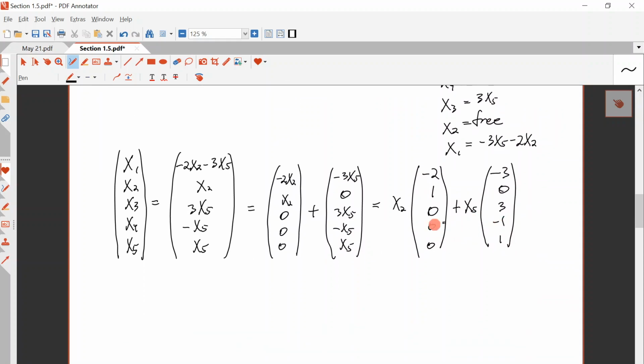So there it is. That's a linear combination of two vectors.